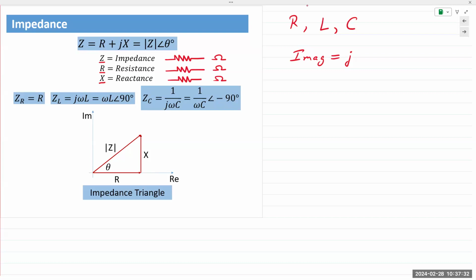So from the short few sentences I talked about impedance, what is the impedance of a resistor? Remember I said impedance comprises resistance plus reactance. Reactance is due to the electric field and the magnetic field that is set up in a capacitor and an inductor. So what is the impedance of a resistor?